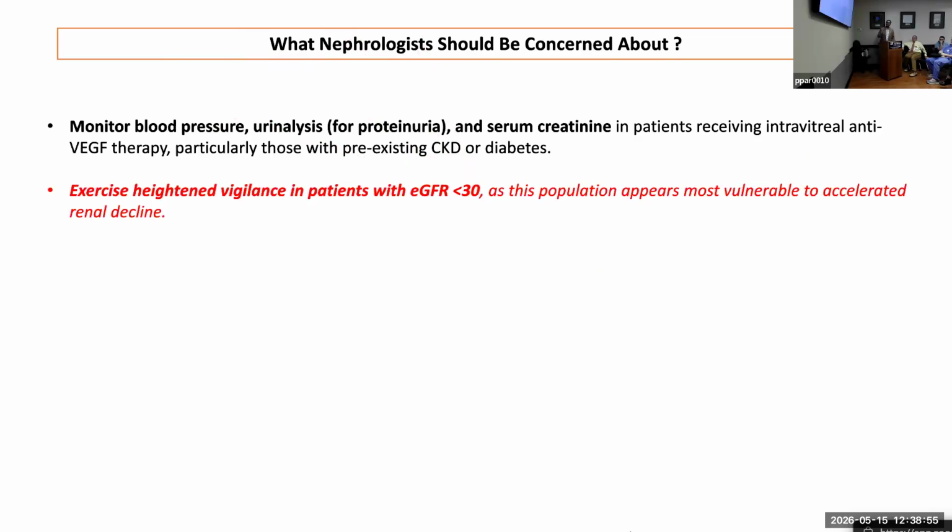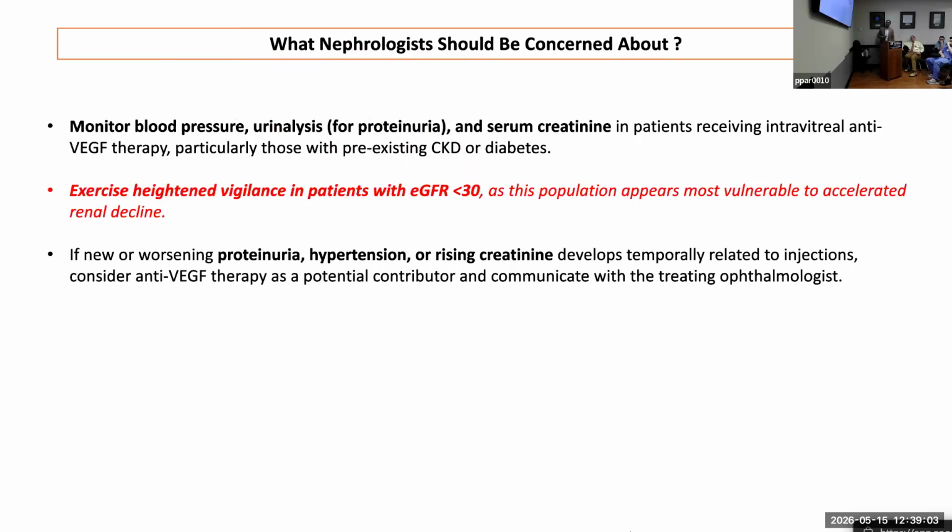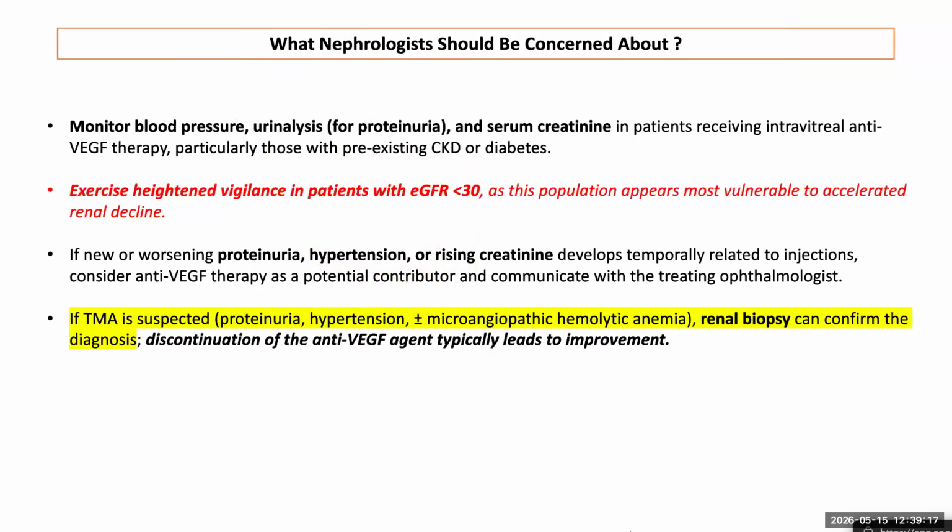When GFR is less than 30, they are the most vulnerable population, which was excluded from all the studies. If we see new or worsening proteinuria, hypertension, or rising creatinine, then in many of the case reports they just held the medication, and over a period of time the biopsy-proven TMA started resolving.